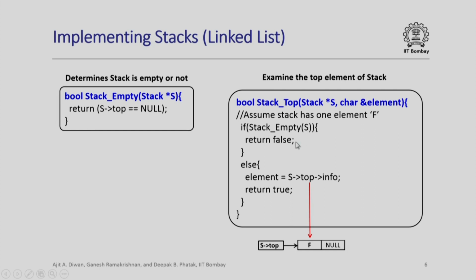That means there is no top element. Otherwise, the element is returned as s top and the info part. So this is the node which is pointed to by s top. The information it contains is f, and that is what will be returned in the element. And of course the function will return true because it has found one element at the top.